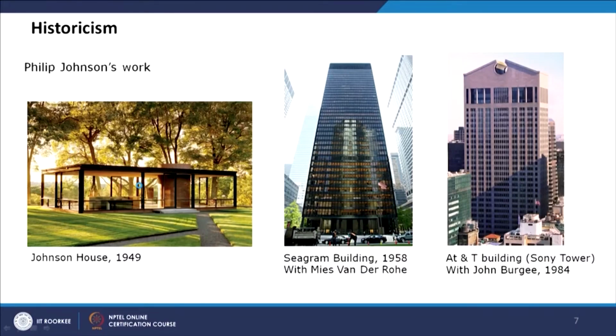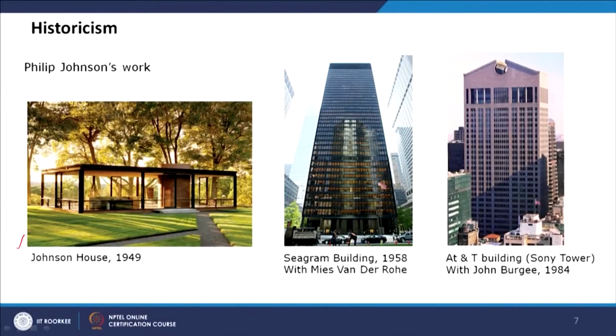Now, I was talking about the change of Philip Johnson's work from the internationalist movement to the postmodern movement. The internationalist movement was the high modern movement, where Philip Johnson designed the Glass House, which is pure glass and a cylinder, taking inspiration from Ludwig Mies van der Rohe, in Farnsworth House.